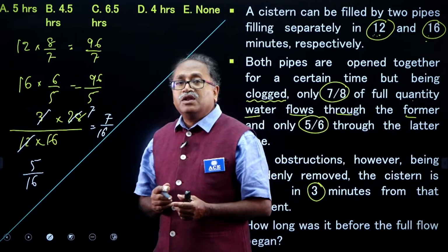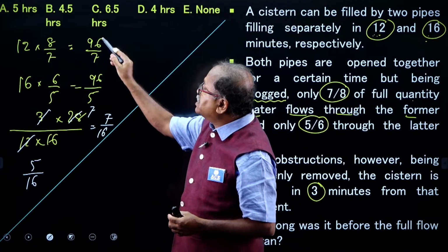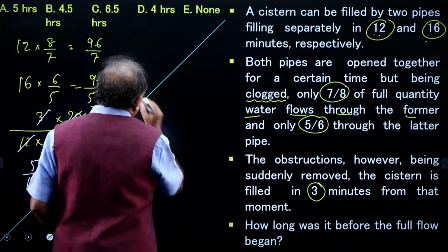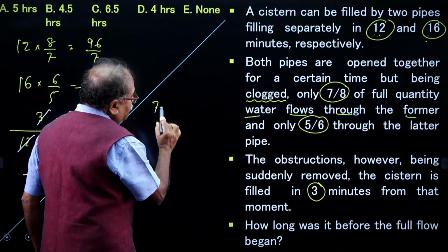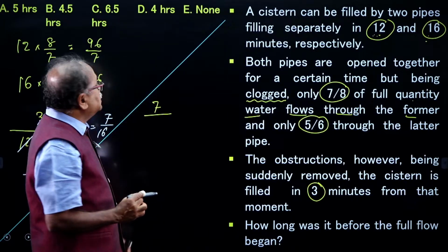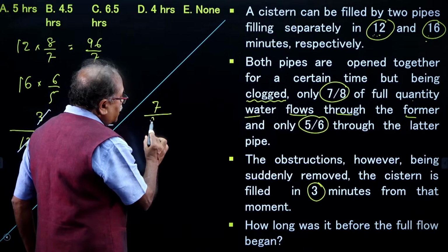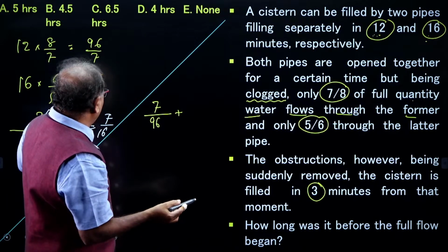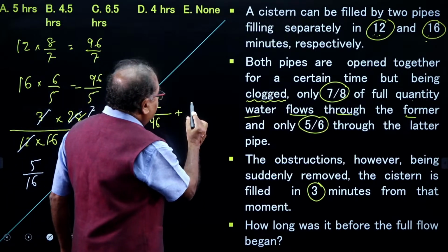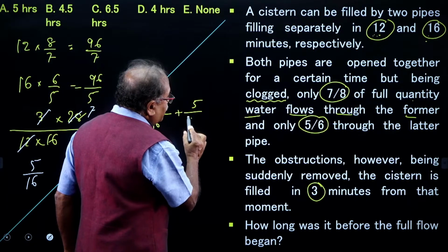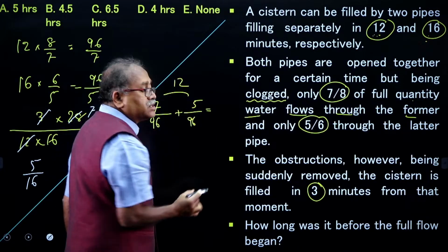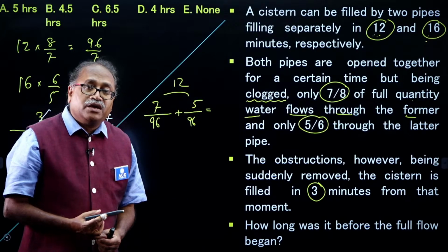Okay. In 1 hour it will fill how much? Now my answer starts here. In 1 minute the first one will fill 7/96 part, and the second one in 1 minute will fill 5/96 part. Is it not? That is 12/96, which is 1/8.